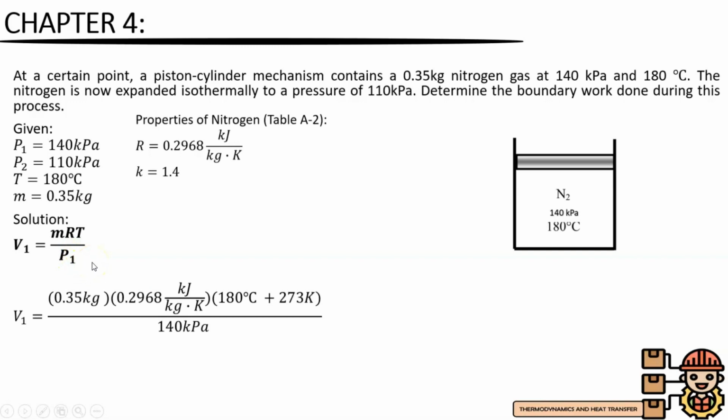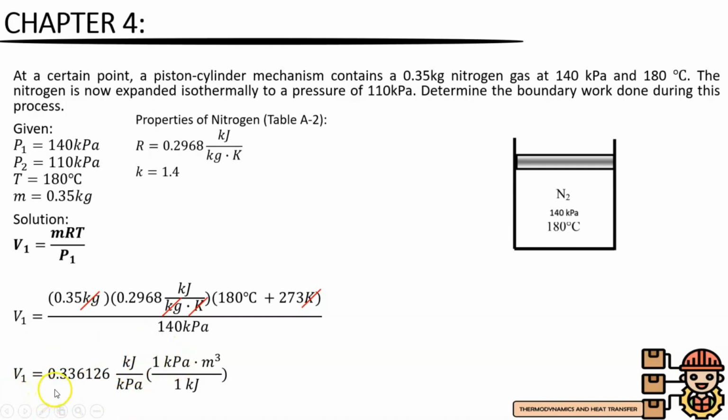By plugging in all the given values, we have 0.35 kilogram times 0.2968 kilojoules per kilogram Kelvin times 180 degrees Celsius, which we need to convert into Kelvin. That's why we add 273 Kelvin, divided by 140 kilopascal, and it is equal to 0.336126 kilojoules per kilopascal. Because we are finding the initial volume, we need to convert this unit into cubic meter.